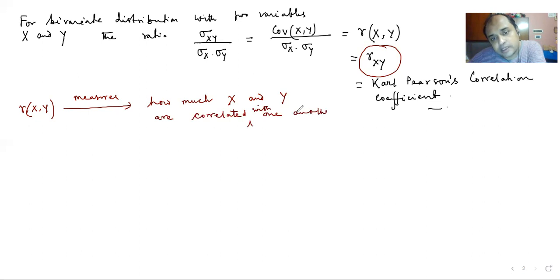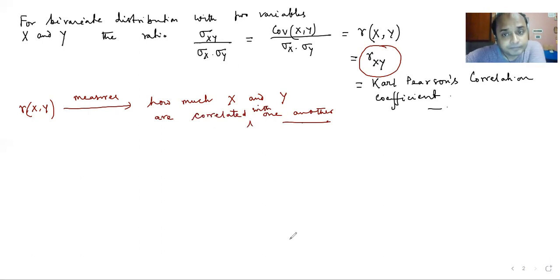So it is giving you a kind of quantification. It is a quantifiable quantity. You can measure how much the two variables are correlated to one another. If one variable is changing, the other variable is changing, how much correlation is there? This is the quantification formula.